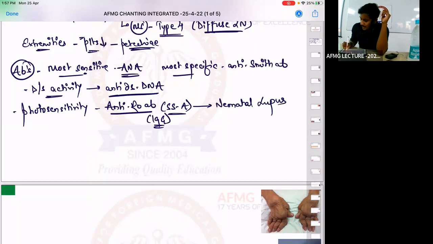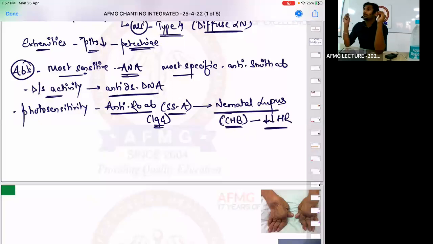So if a newborn presents to you with butterfly rash or malar rash, along with features of severe bradycardia and complete heart block, the diagnosis is neonatal lupus. Neonatal lupus is characterized by complete heart block, which will lead to severe bradycardia, and along with it the malar or butterfly rash would be present in the child.